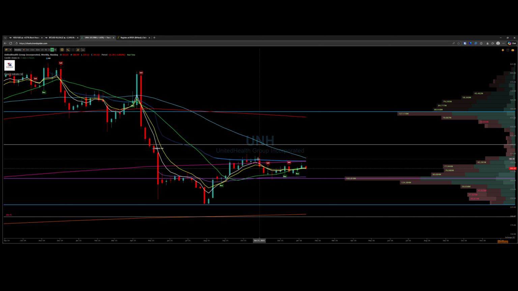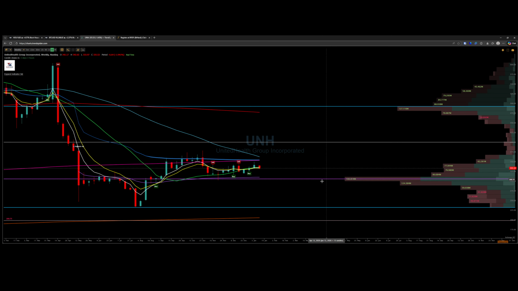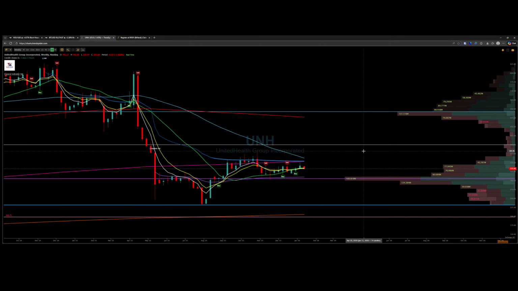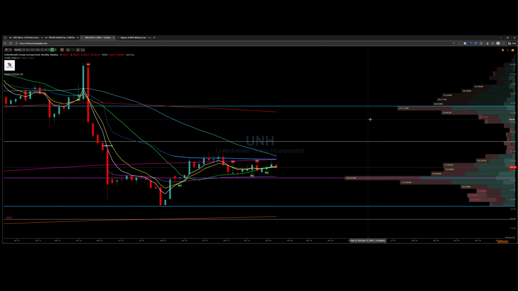Price just can't break through. Rejection. Here you go all over again. And here's your 500 MA, by the way, on the weekly chart. So this is a significant level of resistance right now. And this current weekly candle isn't looking exactly rosy.